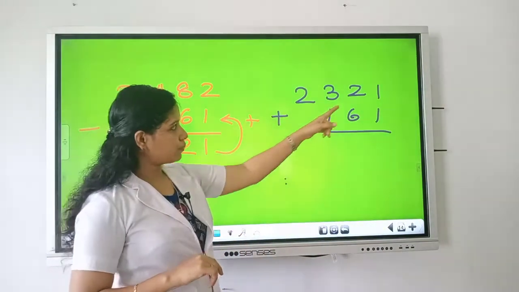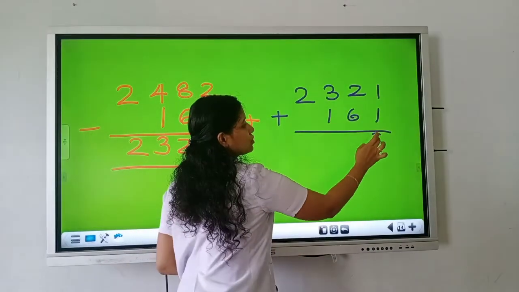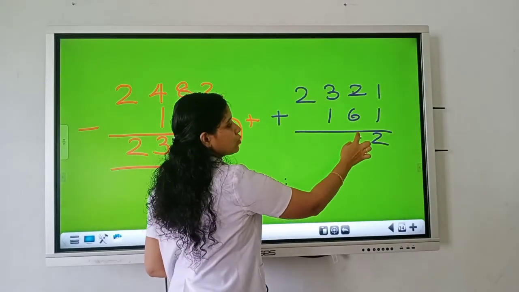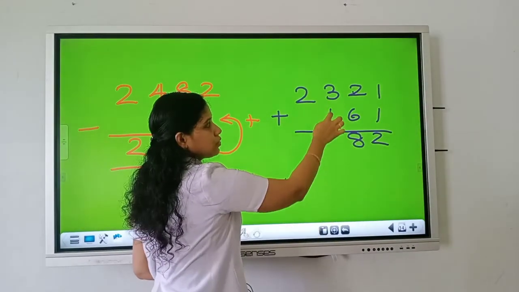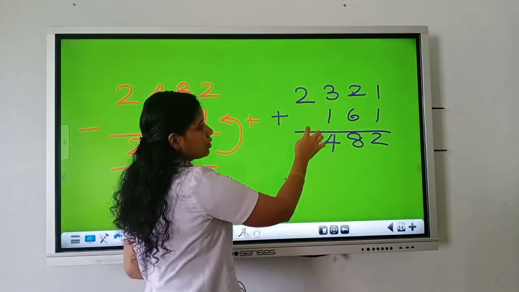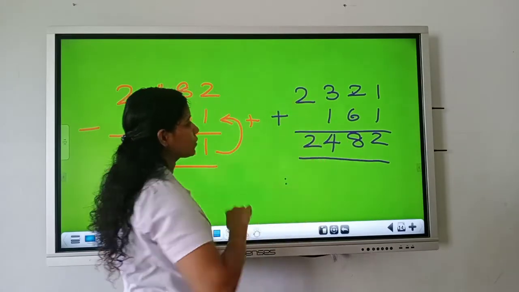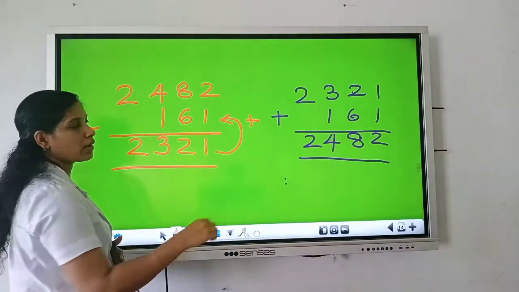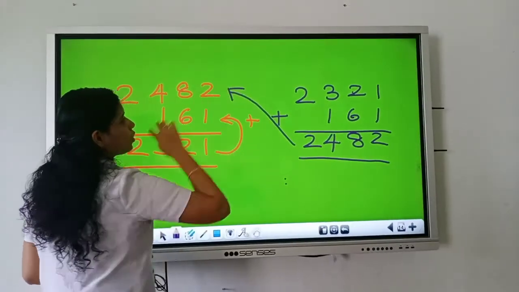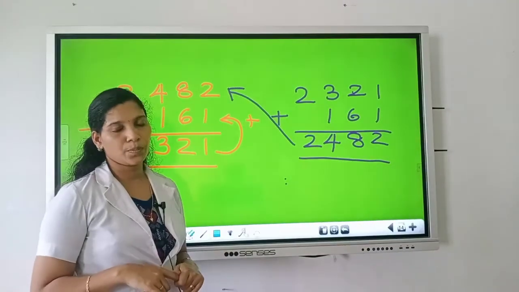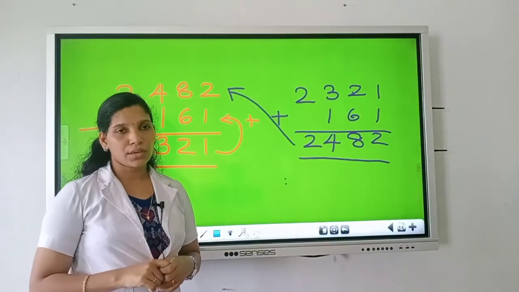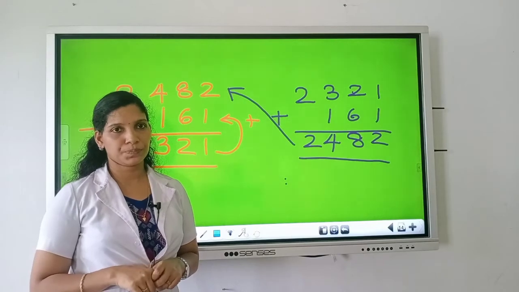Let's add and see. 1 plus 1, 2. 6 plus 2, 8. 3 plus 1, 4 and 2. 2482. You got your greater number. This is how we are checking subtraction.